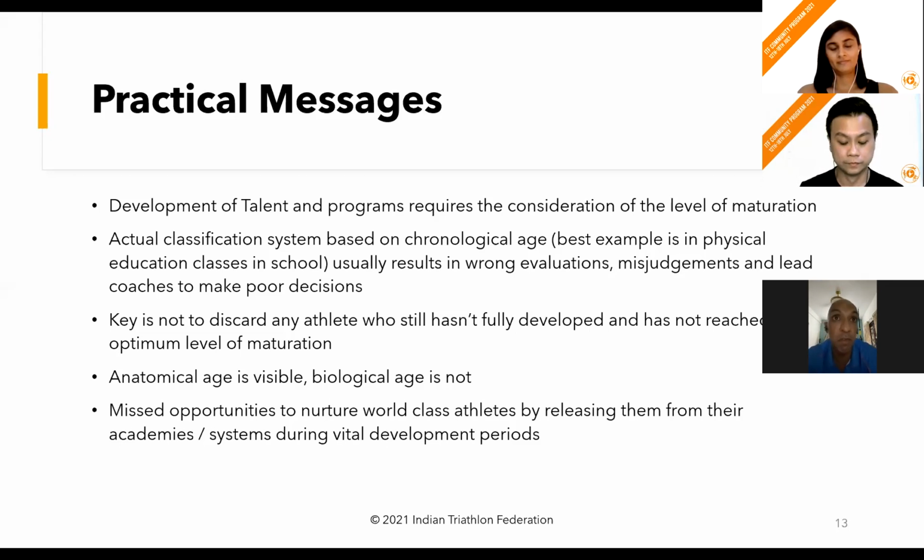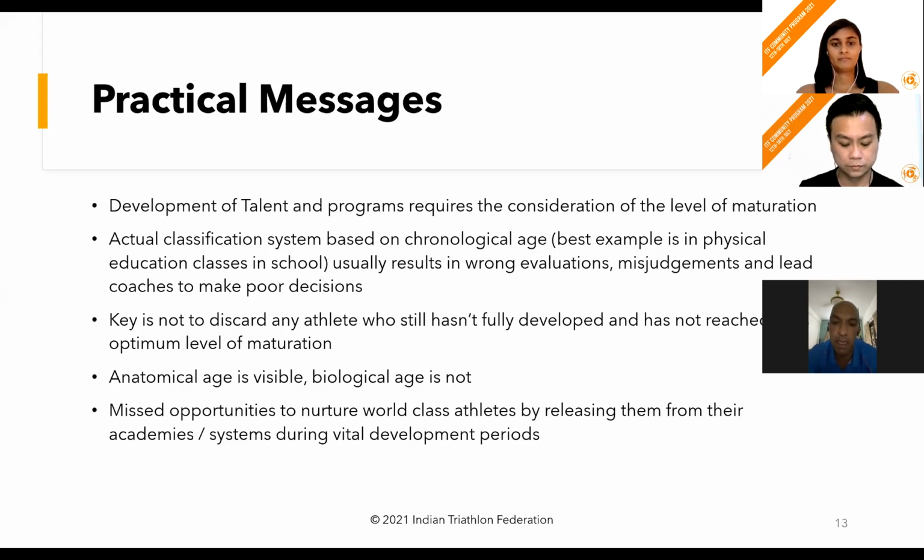Be very, very careful with classification, because there's constant peer pressure at that age group, and there will be comparisons that the kids will make, which will lead to emotional issues and sensitivity issues, both among the kids themselves and with the parents.